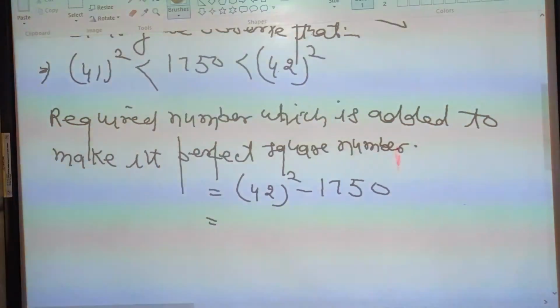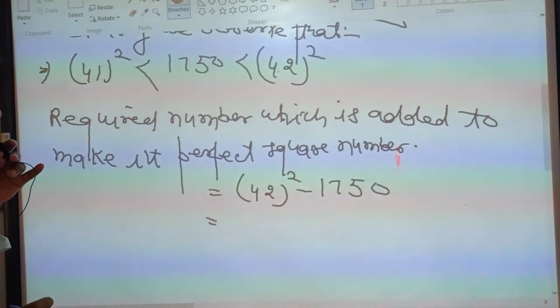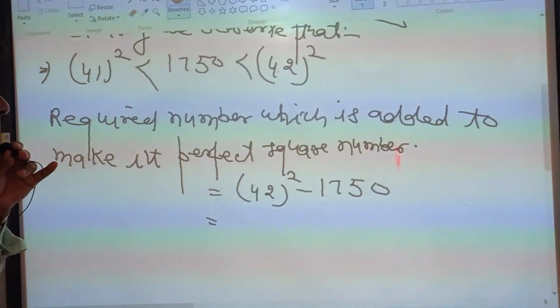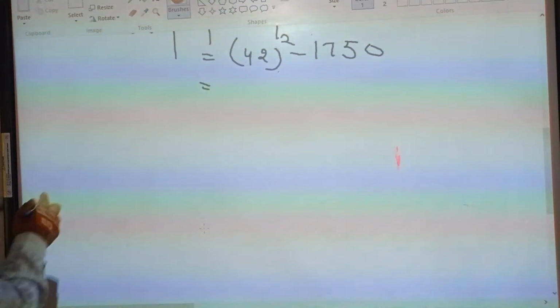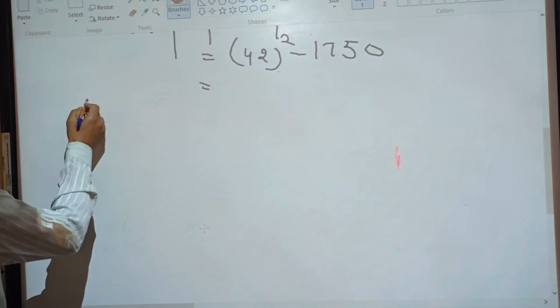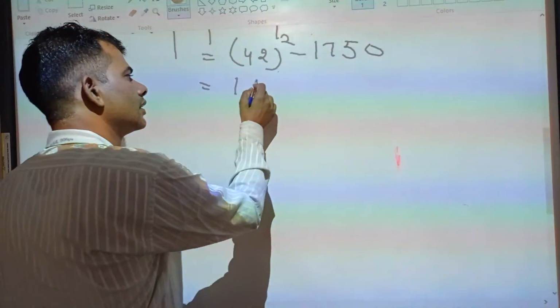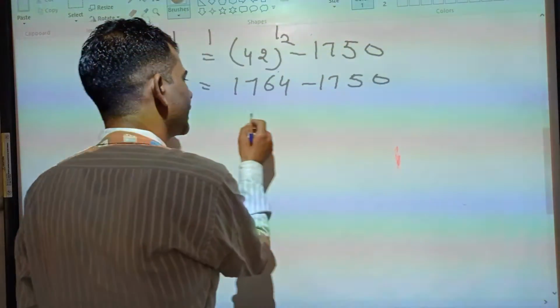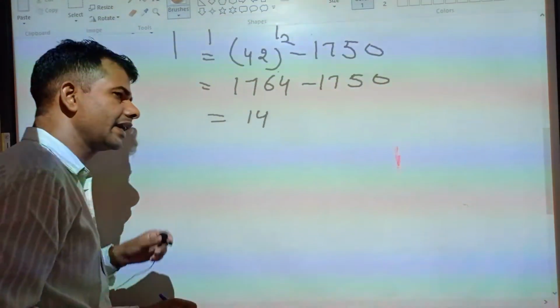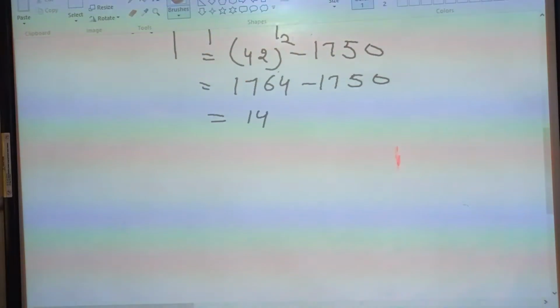Square of 42 is 1764. So 1764 minus 1750 is 14. 14 is added to this. Okay.